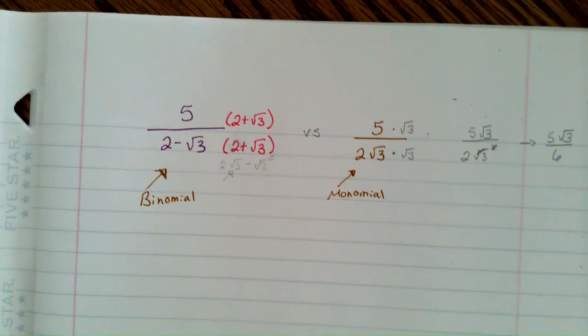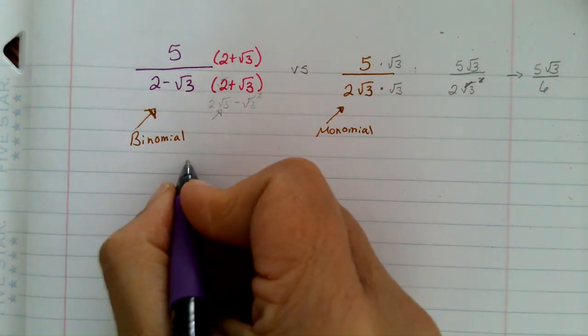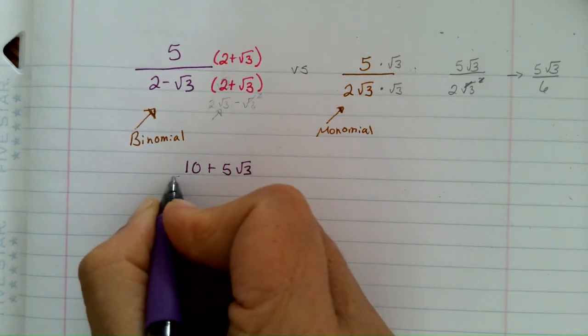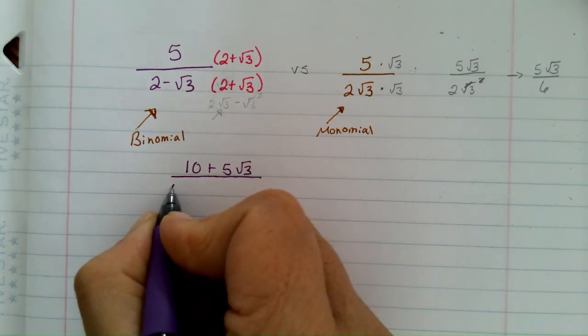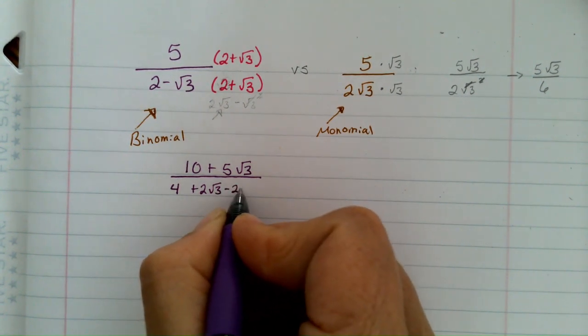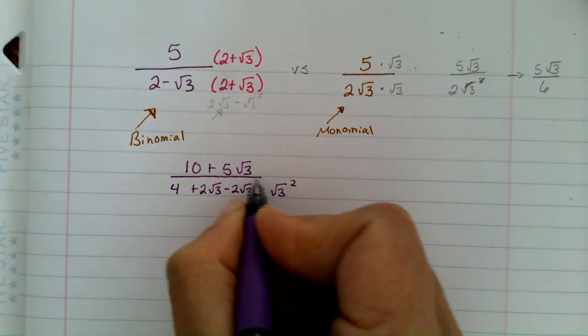Okay, so in the numerator, I need to distribute. That would give me 10 plus 5 root 3. And if I were to FOIL out the denominator, I would get 4 plus 2 root 3 minus 2 root 3 minus the square root of 3 squared.